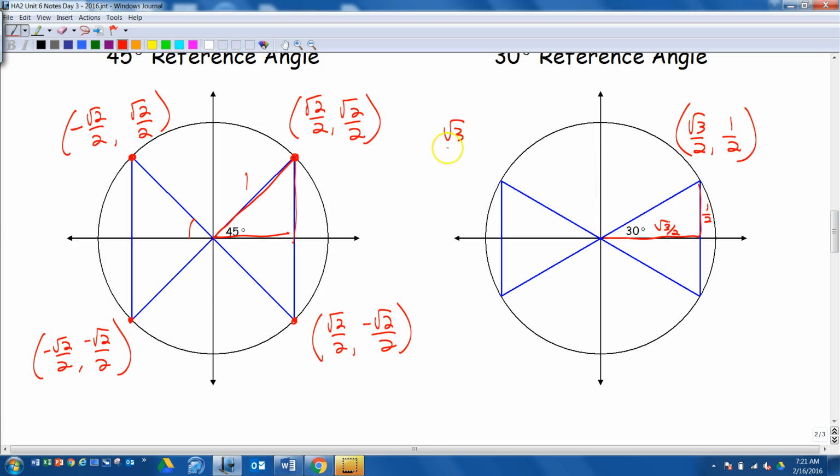And these will all be the same for the same reference, except for, again, the signs. X is negative in quadrant 2. Over here, x and y are both negative. And over here, x is positive, y is negative. Okay? So those are the coordinates at 30 degrees. This would be 150, this is 210, and then this is 330.